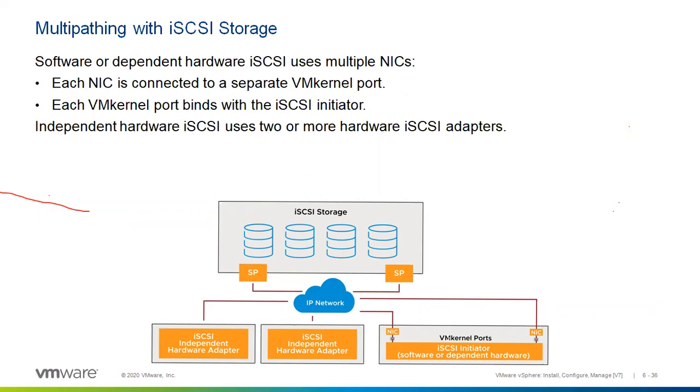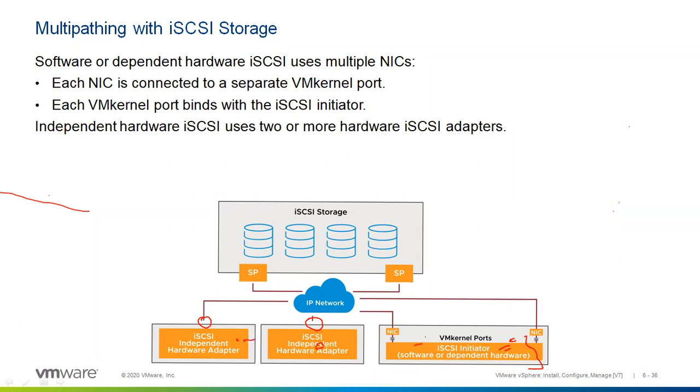So that's a redundancy topology. The same with the three examples here. Software or dependent adapter, where we are using normal NICs. iSCSI independent hardware adapter, where I don't need to configure too much about the iSCSI, VM kernel port, or software. In this case, all that is already available.